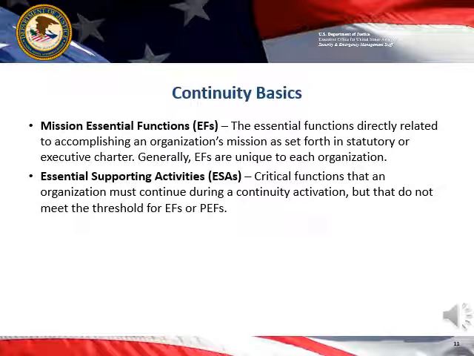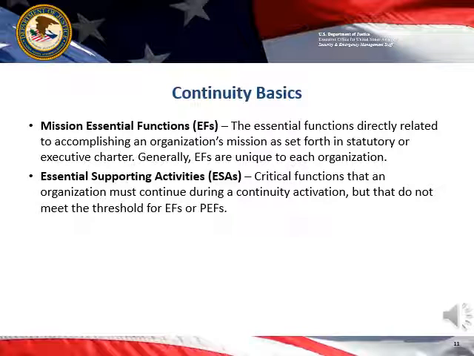Whereas government functions and primary mission essential functions focus on how a federal agency or department supports the performance of national essential functions, mission essential functions and essential supporting activities focus on individual organizations and how they will function during a continuity activation.